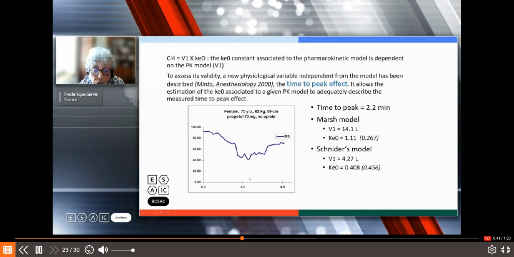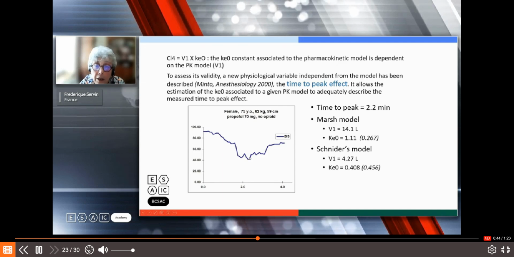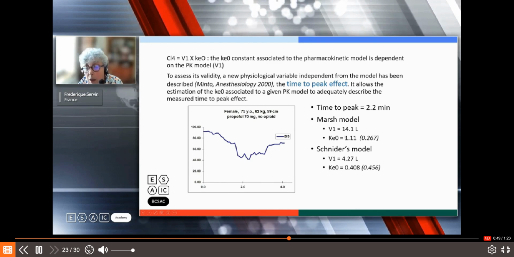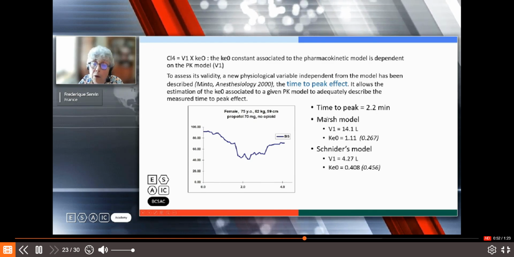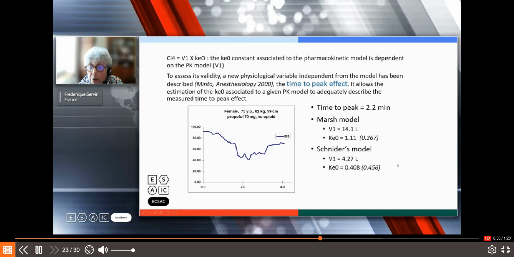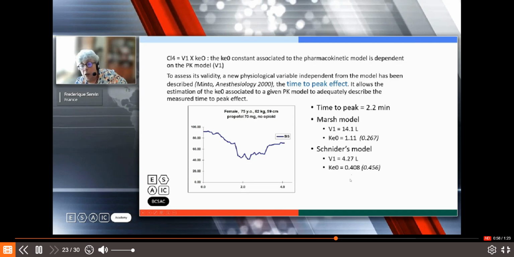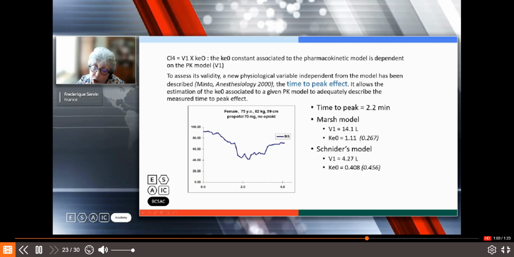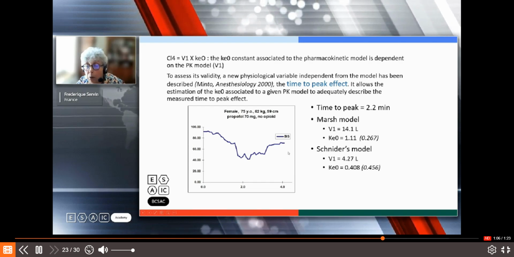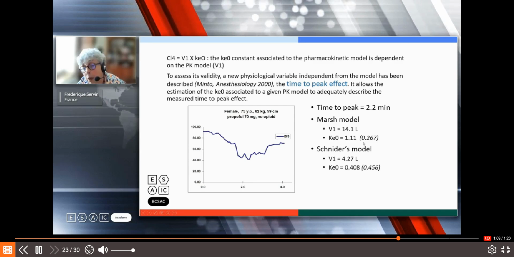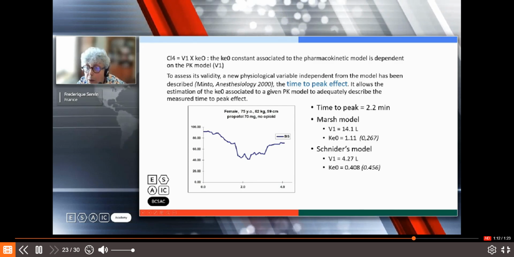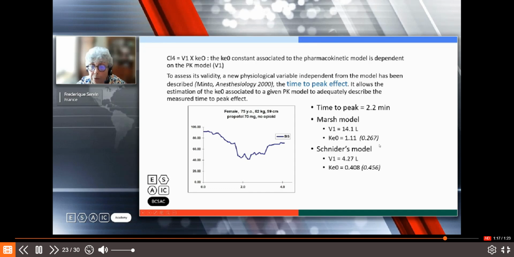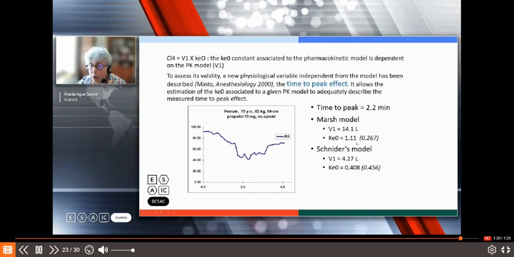And to measure the time of this nadir, this is called the time to peak. And then if you recalculate the ke0 linked to this time to peak, for example, in the Marsh model and Schnider's model, you see that Schnider's model, which is a PKPD model, yields a ke0 which is very close to that described in this elderly lady, whereas for the Marsh model, the one implemented in the model is completely wrong. And you have to put in another one if you want to use this model.